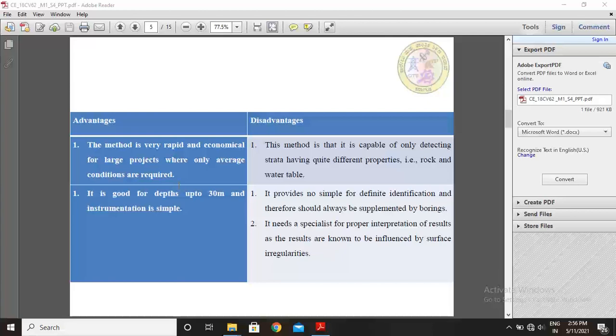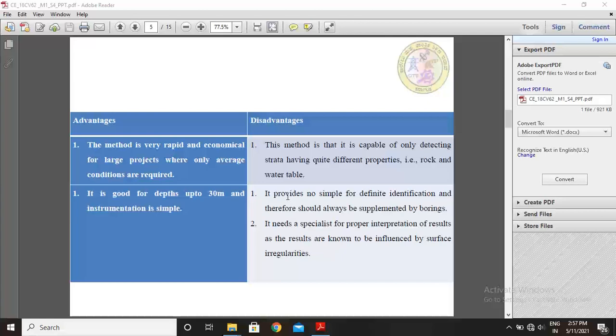And second advantage is it is good for depths up to 30 meter and instrumentation is simple. There are disadvantages. One is that this method is capable of only detecting strata having quite different properties, that is rock and water tables.